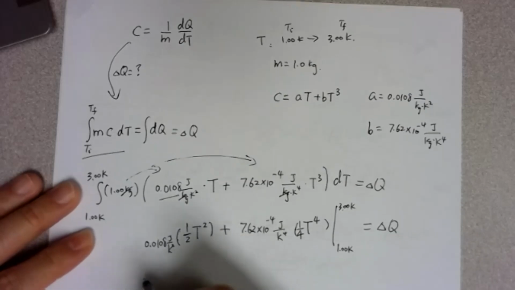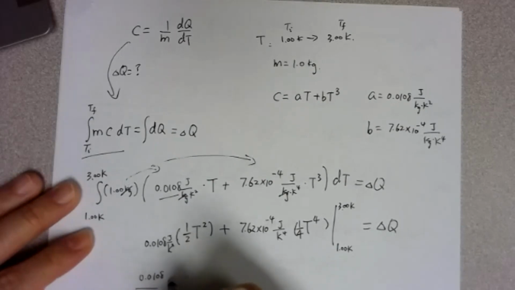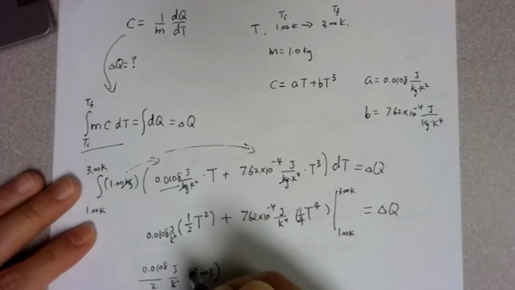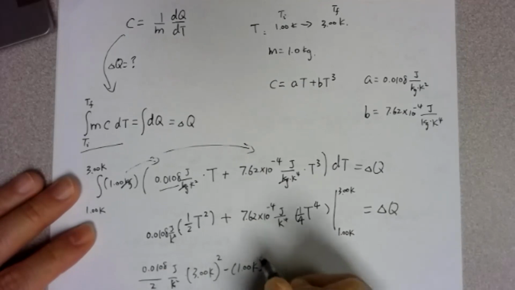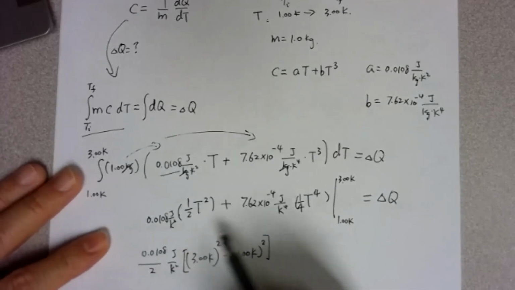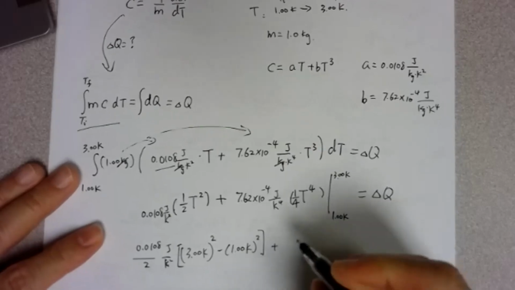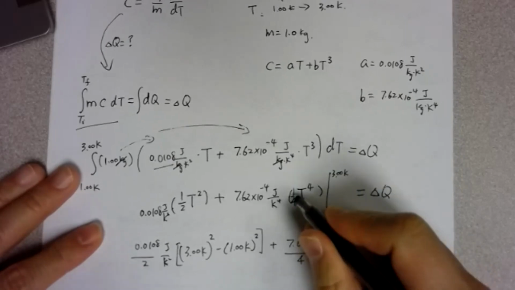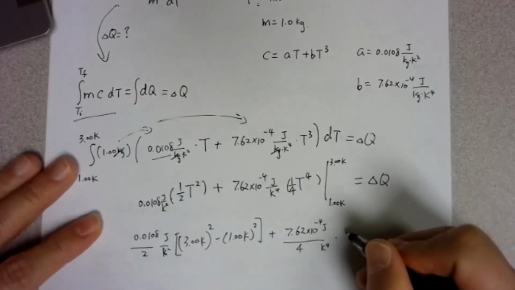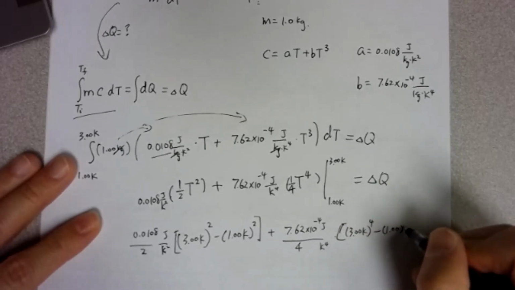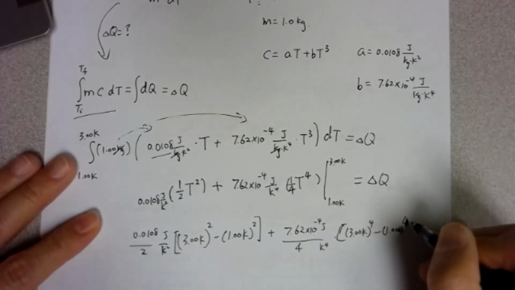So you can do 0.0108 over 2, joules over Kelvin squared, times T squared, so 3.00 K squared, minus the lower limit. Do one term at a time: upper limit minus lower limit, and then plus the second term, 7.62 times 10 to the minus 4 joules over 4, Kelvin to the fourth, times 3.00 Kelvin to the fourth power minus 1.00 Kelvin to the fourth power.